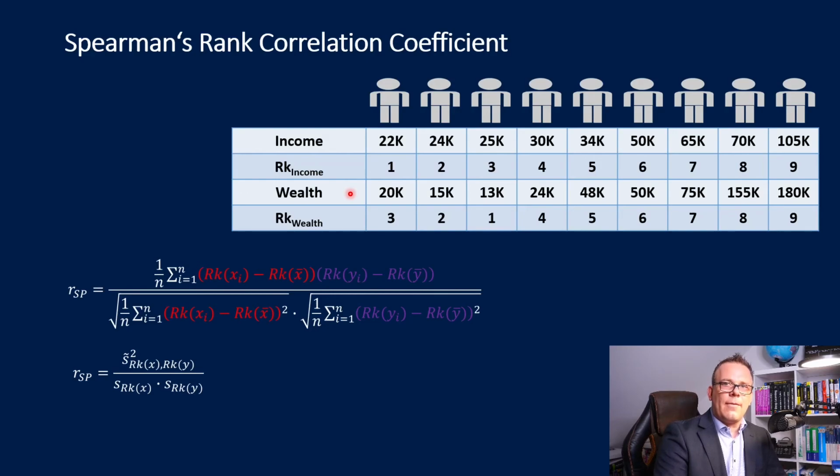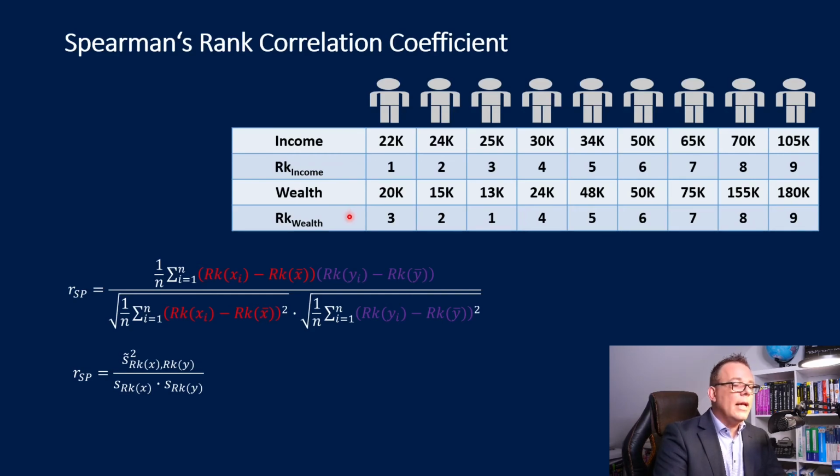The wealth, nevertheless, cannot be sorted too, because the values still have to stick to the individual. So here we have 20k, here we have 15k, here we have 13k. The poorest guy in terms of wealth is this one, so he will get the 1. The second poorest is this guy, so he will get the 2. So these are the ranks, just enumerated from the poorest to the richest in terms of income and in terms of wealth.